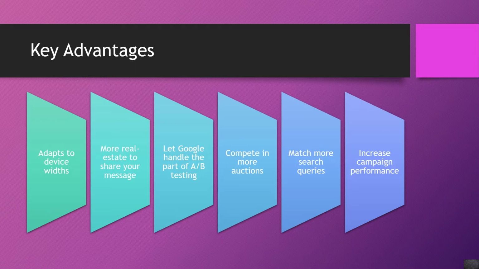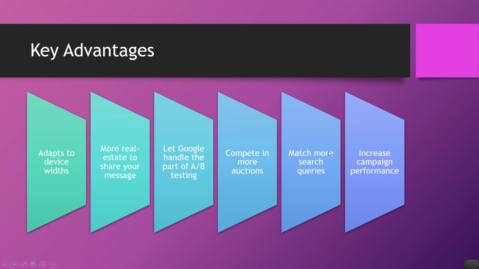You maximize the chances of matching the search query or the keyword with your headline and description. So naturally, your ad quality score is going to increase, and thereby you can enter into more auctions. And when you enter into more auctions, the chances of you winning that auction increases. So that's how you are able to increase your campaign performance.